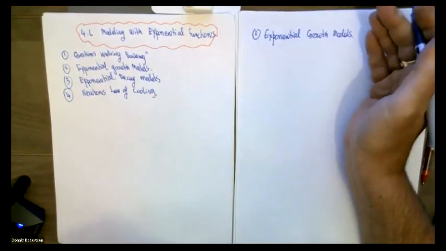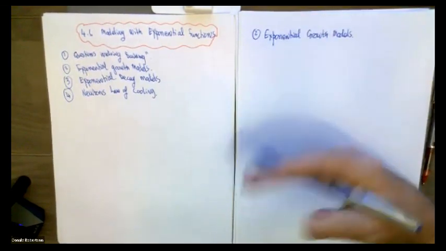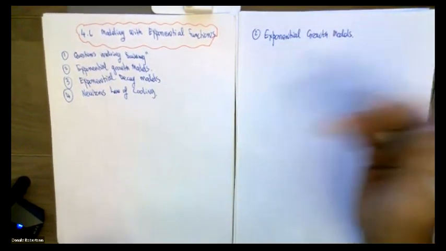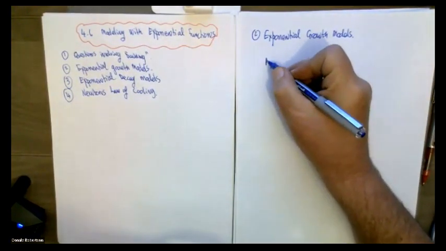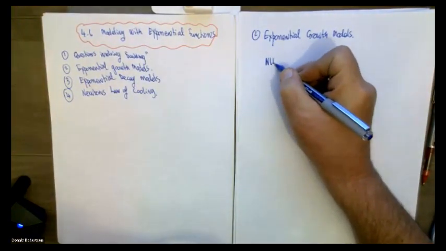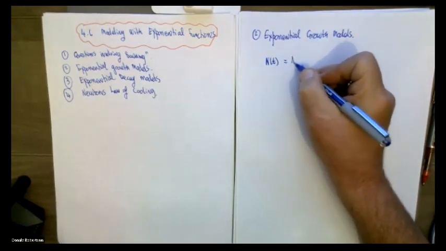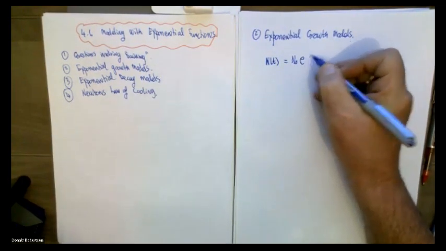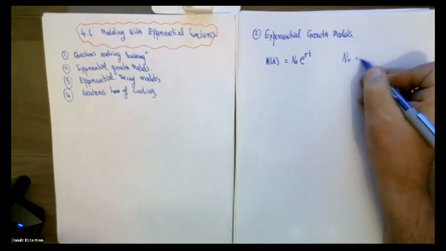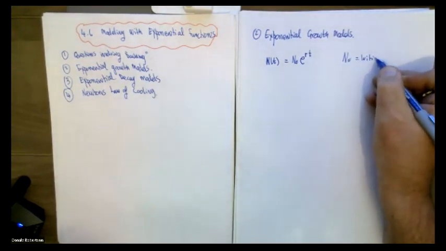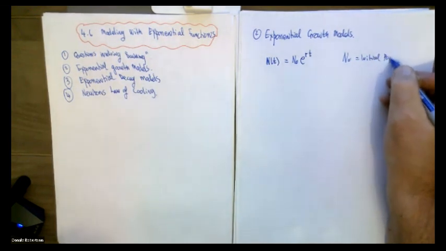And from that, you can actually create a model which can then be used to calculate future populations after certain times. So the generic formula is N(t) = N naught e to the rt. N naught is the initial population. So how many do you start with?